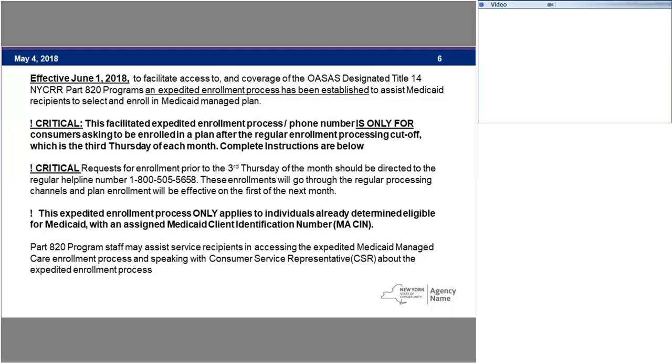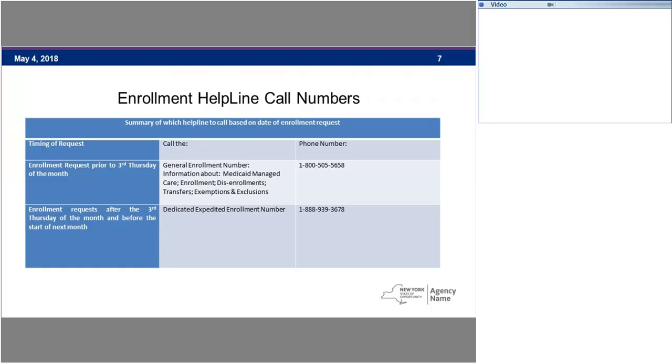The normal number to call is our 1-800-505-5678. The regular number is 800-505-5678, and the expedited enrollment number is 888-939-3678.